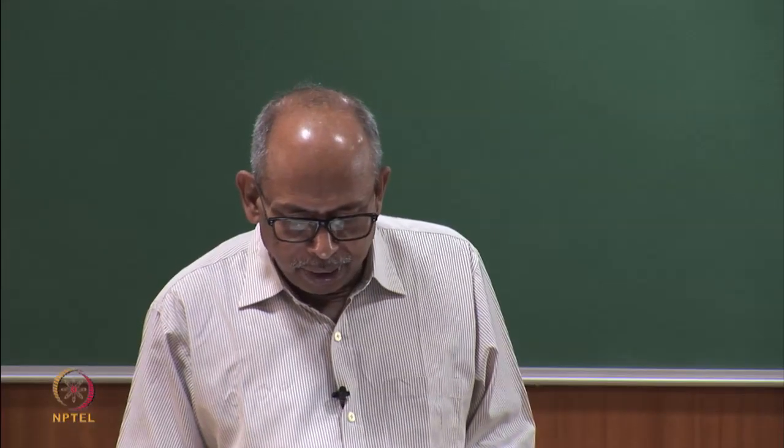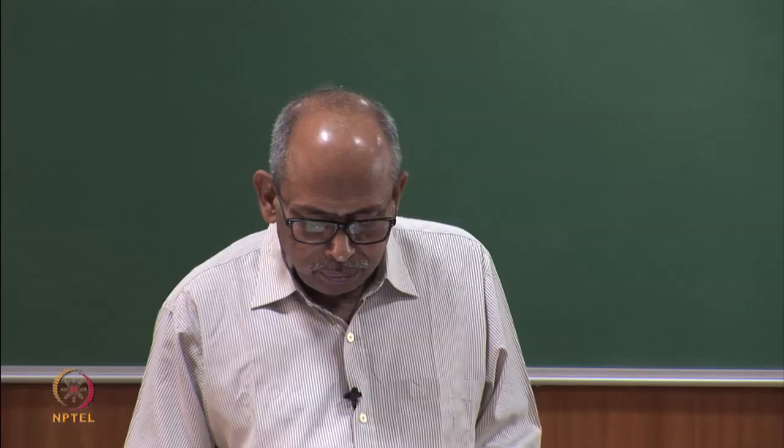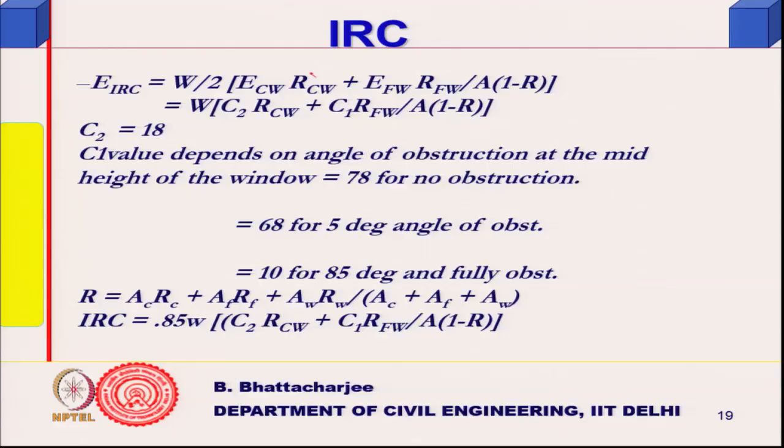Now, this has been simplified further, W by 2, area of the window, into A divided by AR. This is written in terms of some constant C2, and this is written in terms of some constant C1. These values are given.